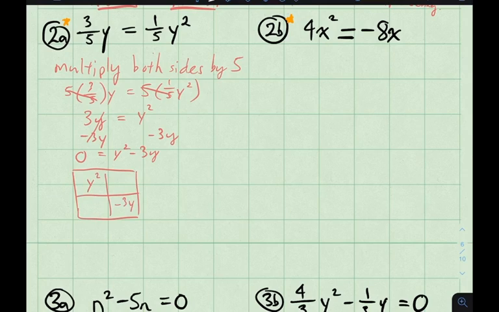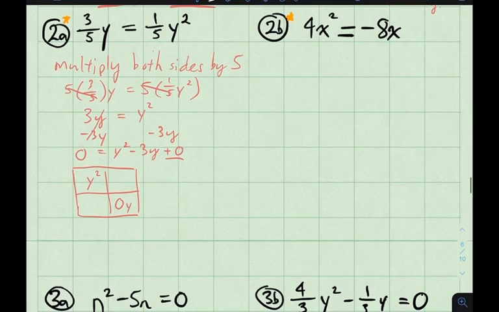Okay, so it doesn't go there because we have no third term, right? So then really that's 0y. When we write it out, 0y squared. This is where your 3y should go.